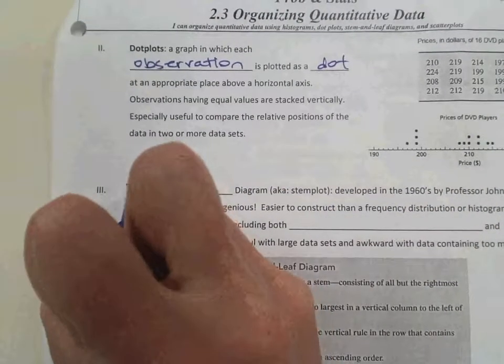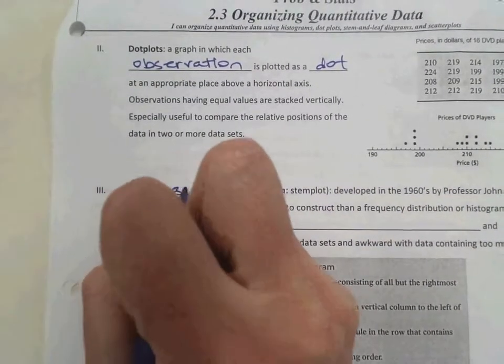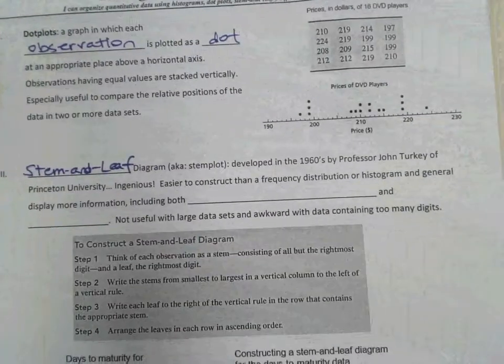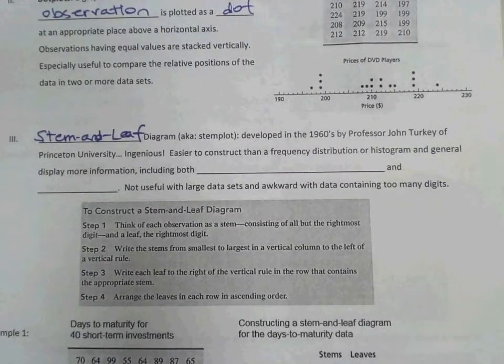The stem and leaf diagram, also known as the stem plot. Developed in the 1960s. So here's this professor, John Tukey, at Princeton University, and he's like, there's got to be an easier way to display this data than these histograms and dot plots and frequency distributions.